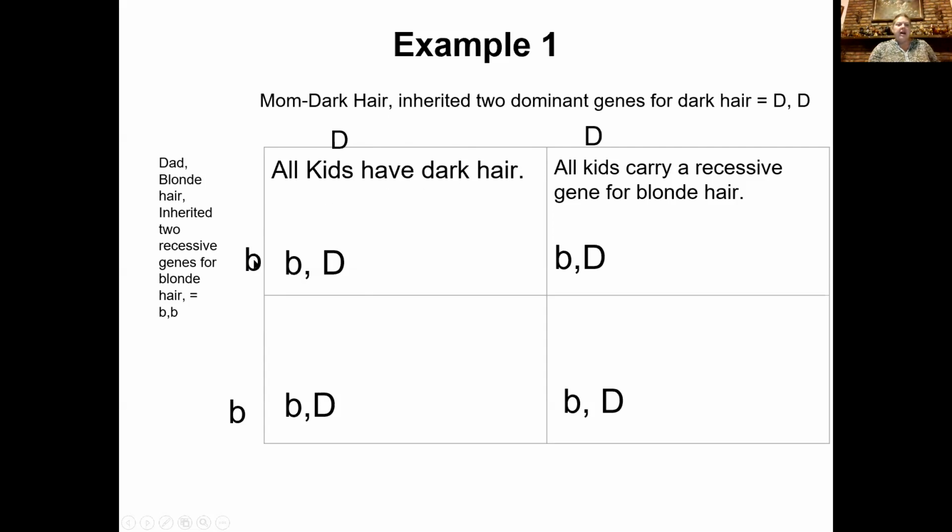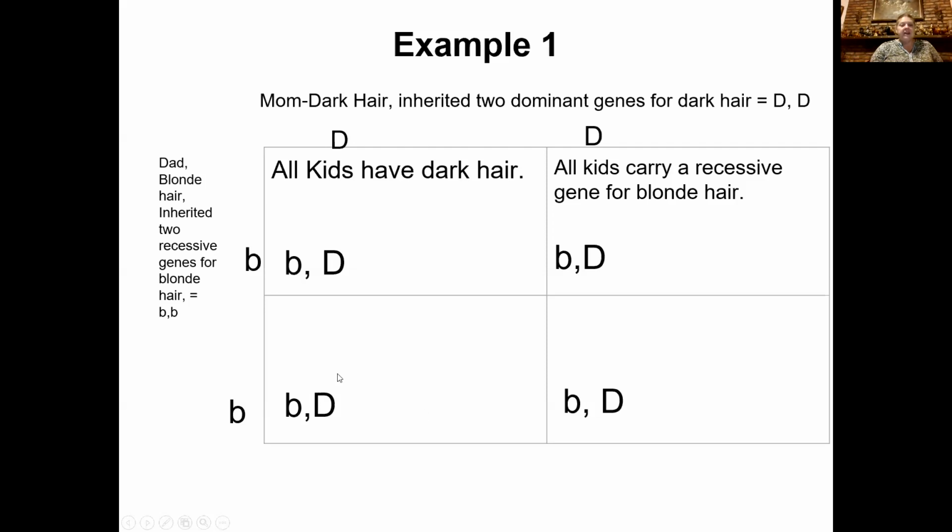So this child, we're going to take this b from dad, this blonde here, and this dark-haired gene from mom. Anytime there is a dominant gene present, the dominant gene is going to express. So this kid has dark hair. This kid also got a blonde and a dark-haired from mom, all of them.